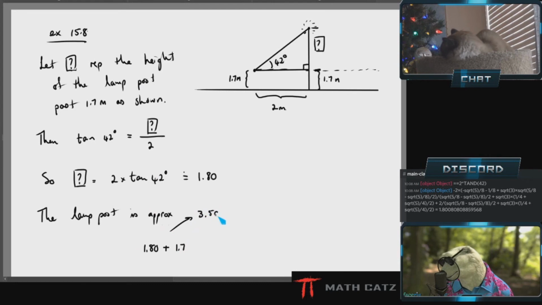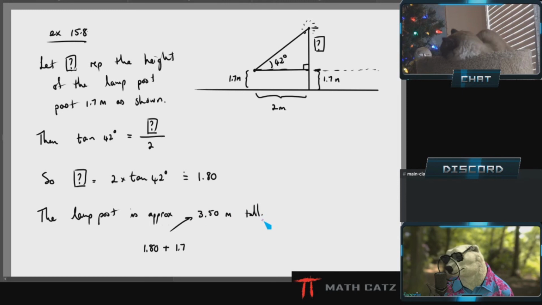So 1.8 plus 1.7, 3.50 approximately meters tall. Still rounded. Looks nice and clean, but there were some decimals, right? Some 8s and 0s lingering after this one, but that's okay.